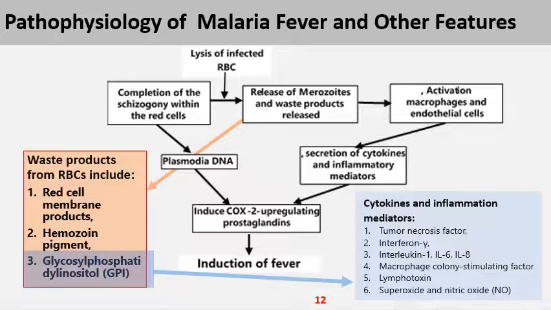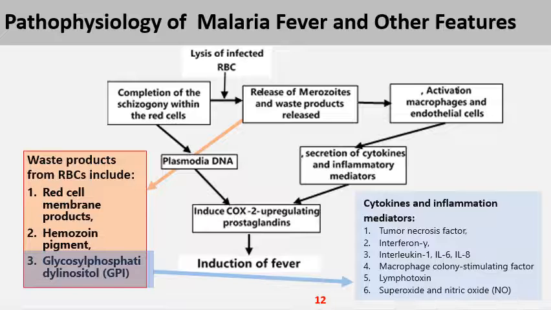Many studies have suggested that the GPI tail, which is found on multiple merozoite surface proteins, including MSP1, MSP2, and MSP4, MSP simply meaning merozoite surface protein, has significant parasite toxic effect.